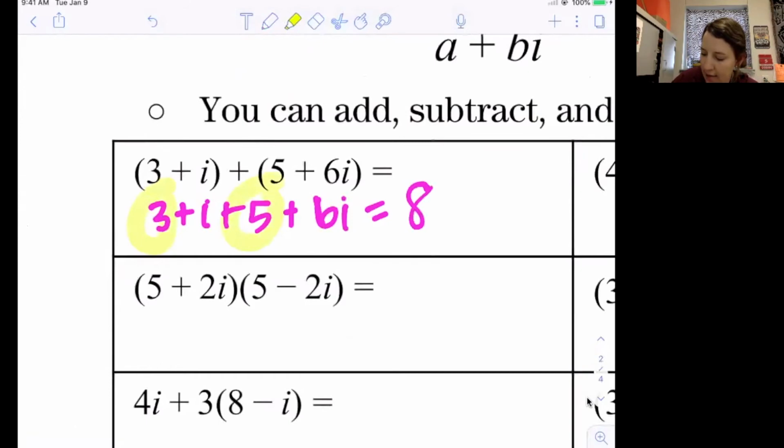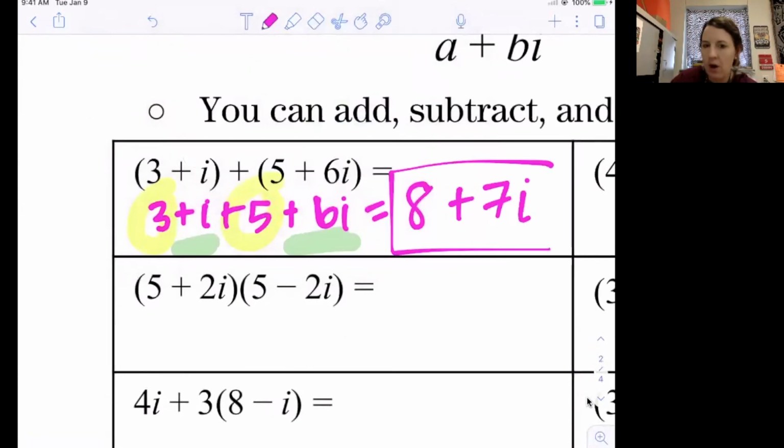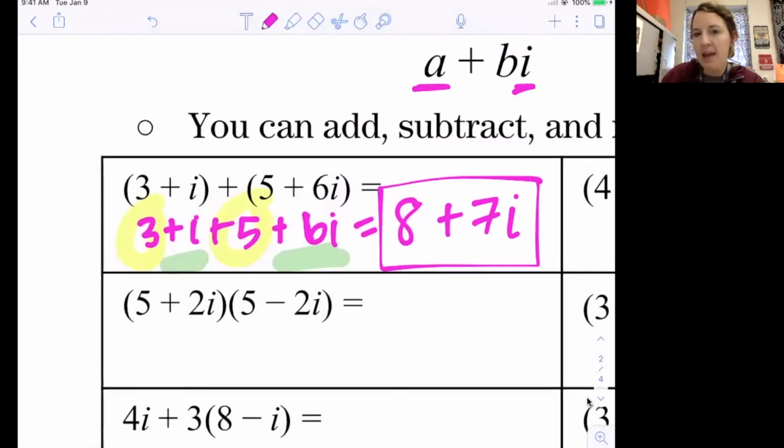And then I have a 1i and a 6i. So 1i plus 6i is plus 7i. And remember, we want our constant number first. So the 8 comes first, and then the i piece comes second. We cannot combine the 8 and the 7 together and make it 15i because 7 has an i on it. The 8 does not.